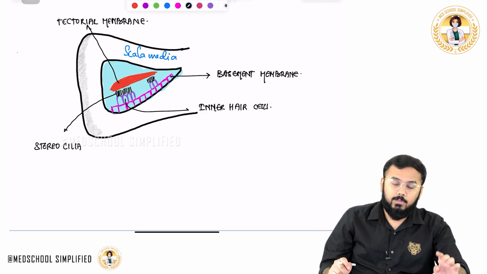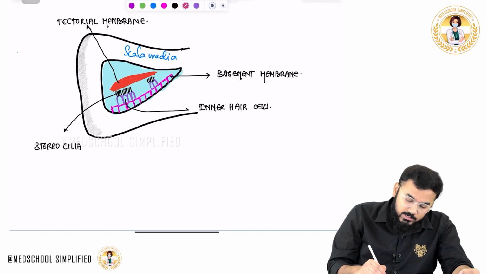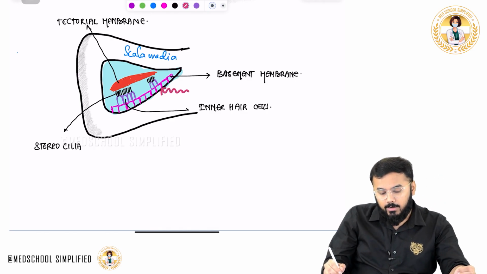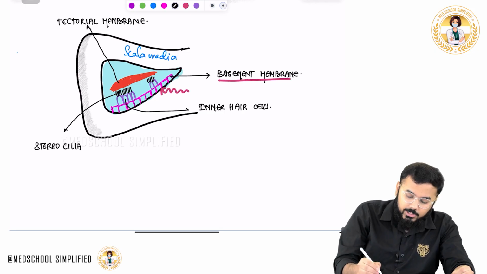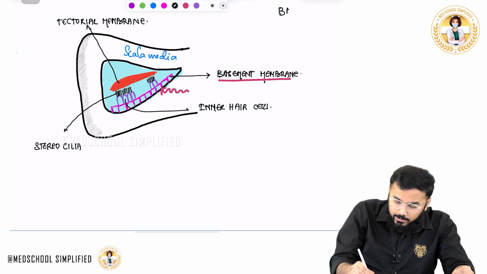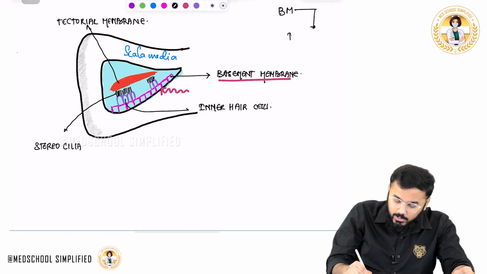Now what is happening over here is that whenever the vibrations along with the fluid hit the basement membrane, from this basement membrane the vibrations are transferred to your inner hair cells.